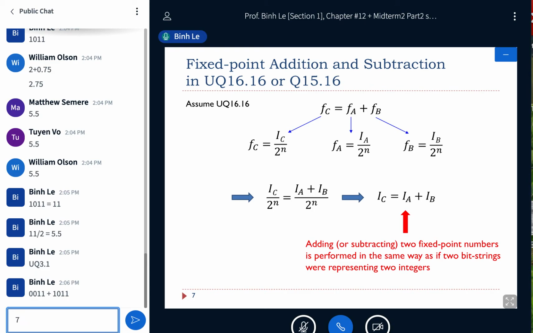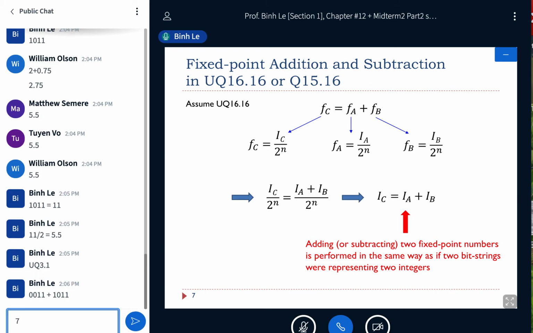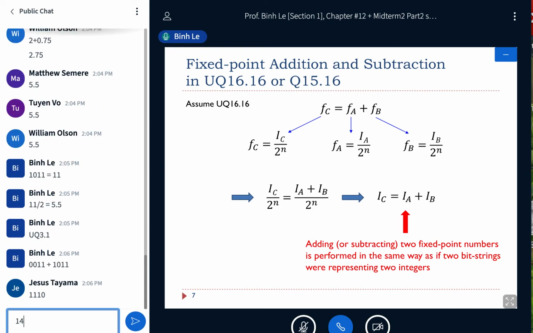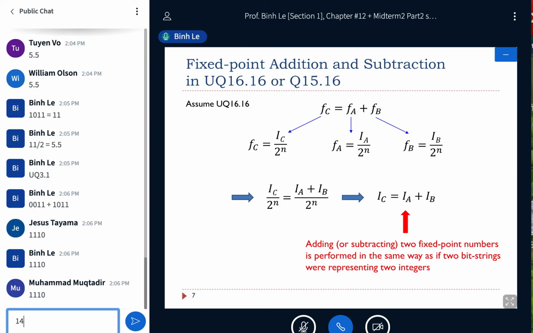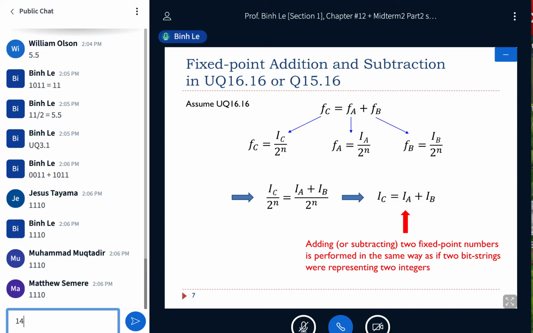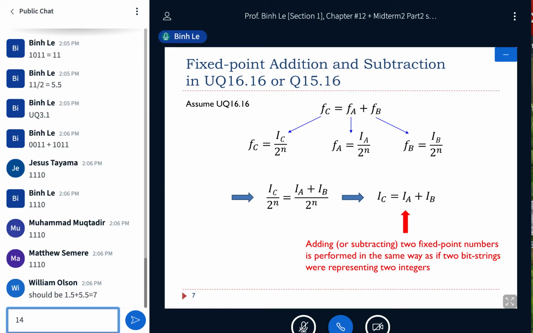So can you add on paper for me 0011 plus 1011? Okay, so what do you get? If you add these two binary numbers, probably you get something like 1110. Is that right? Wonderful. Very good. If you ignore everything else and just add in terms of binary, you get 1110.